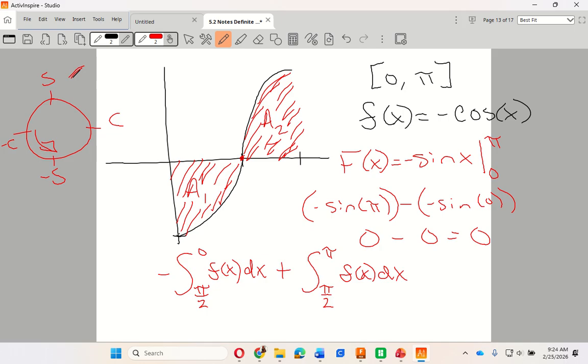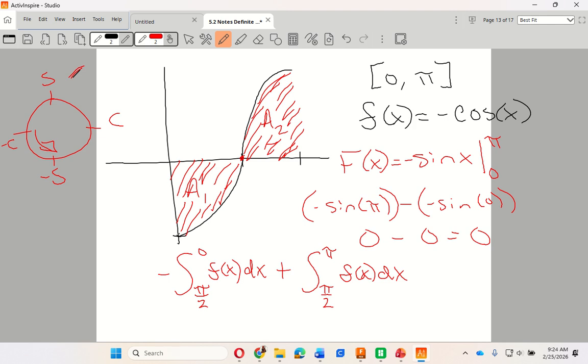And they're still equal. And if one of them is negative, they would have to cancel out. No, they're not going to. What happened here? There's still a negative. The negative's just in front. Okay, but what's going to happen to the area there?